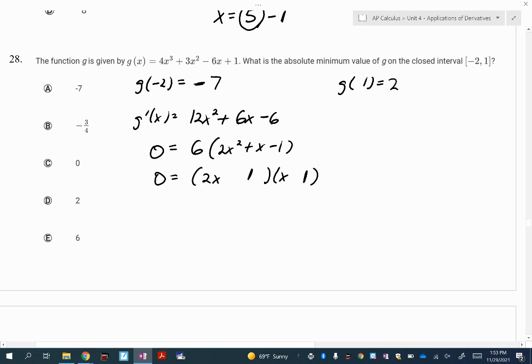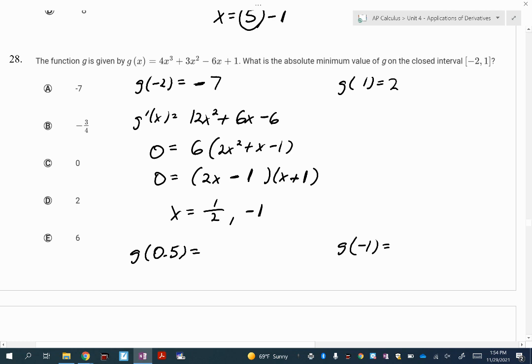So I know this is 1 and 1, and I need the 2x to be positive. So we have x equals 1/2 or negative 1. If you look at the interval, positive 1/2 and negative 1 are both in this interval. So I need to evaluate g of 0.5 and g of negative 1.